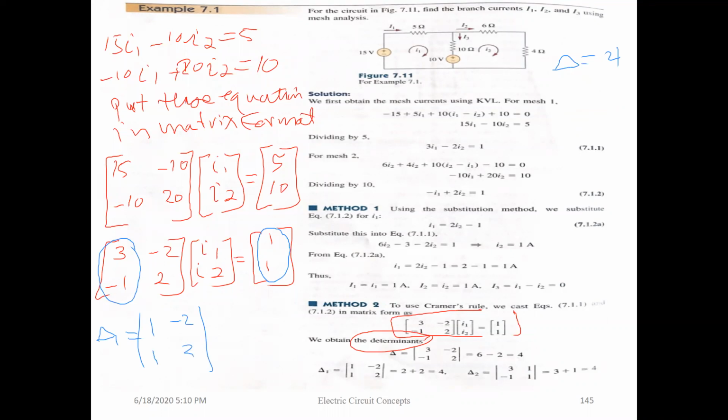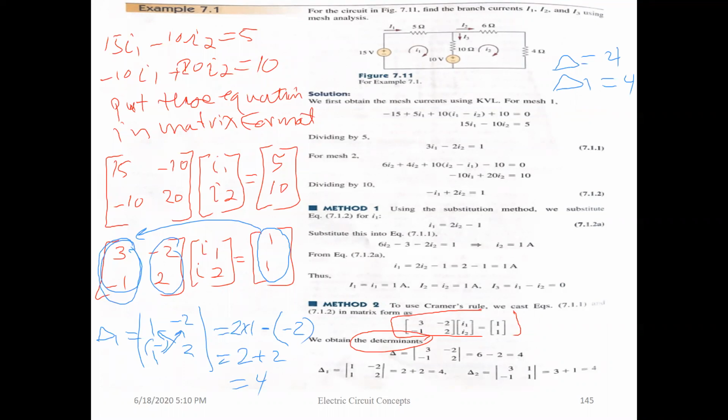So we keep this the same. We remove this column and put this instead, and then use the rules of the determinant. So we cross multiply like this with the minus sign: 2 times 1, minus 1 times minus 2, so it will be minus minus 2. So this will be 2 plus 2 is equal to 4. So again, delta 1 is equal to 4.